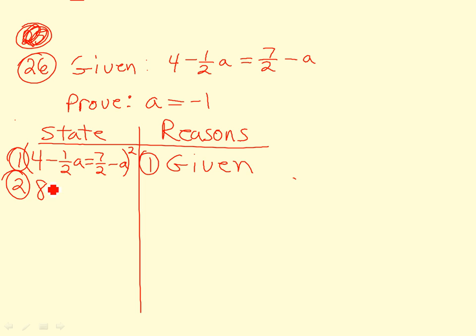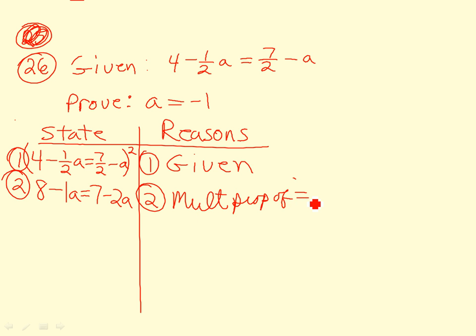They cancel out and you're left with just negative 1a. 2 times 7/2, just leaves you with 7, right? 2 times negative a, what did I use there? Multiplication property of equality. Just multiply both sides by 2.